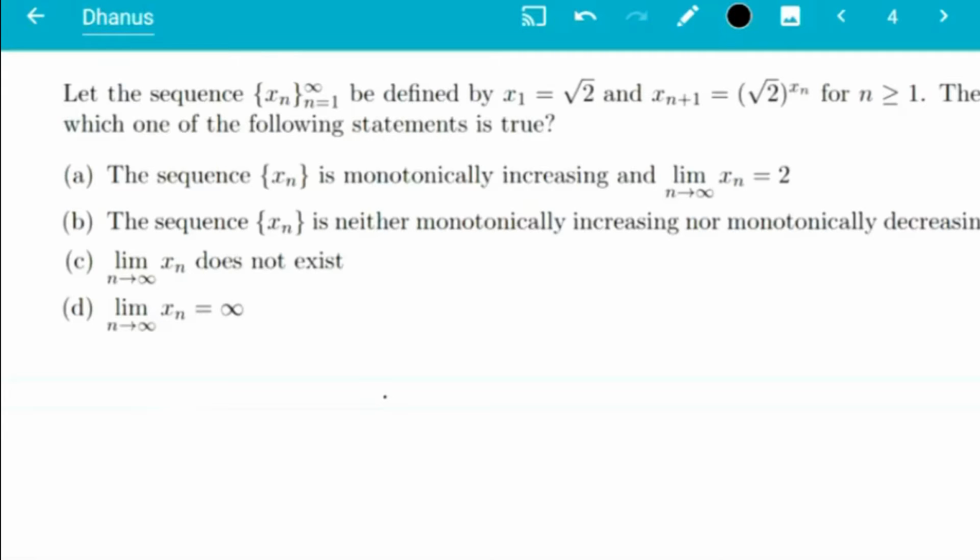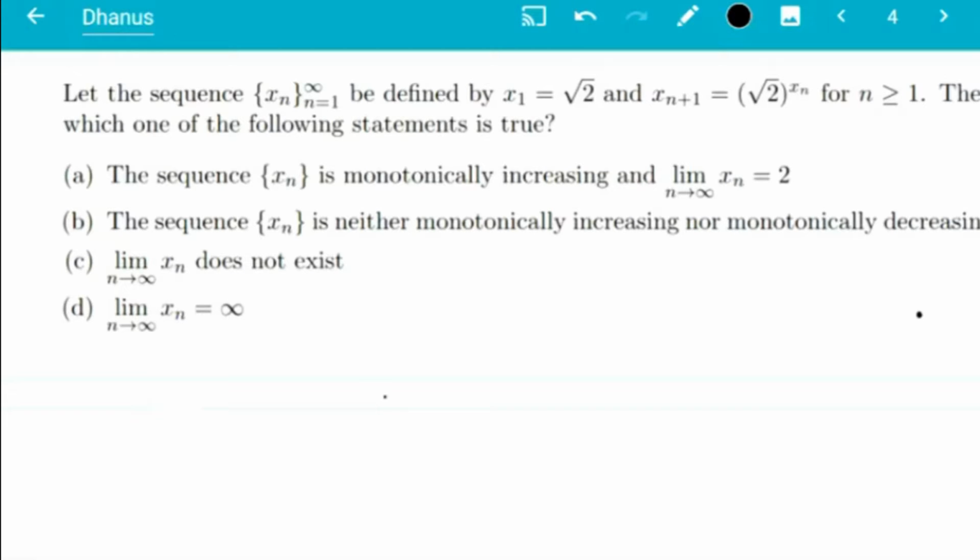Then which one of the following statements is true? The first statement is that the sequence is monotonically increasing. The second statement is that the sequence is neither monotonically increasing nor monotonically decreasing. If the first statement is true, then the second statement is false. Directly we can say that. And for the third statement, we cannot say anything from the previous ones.